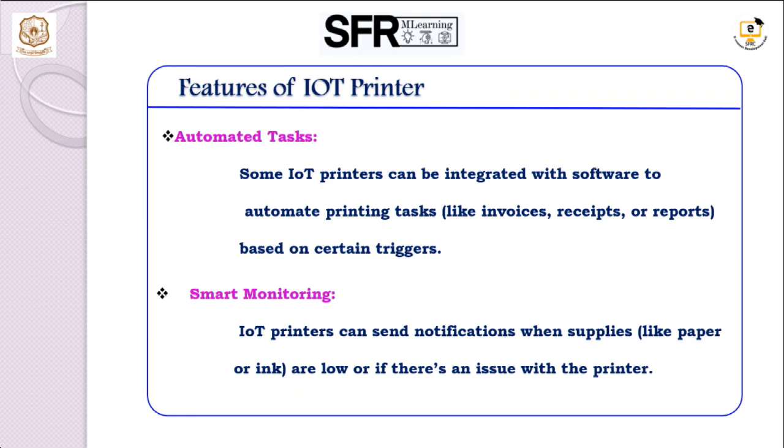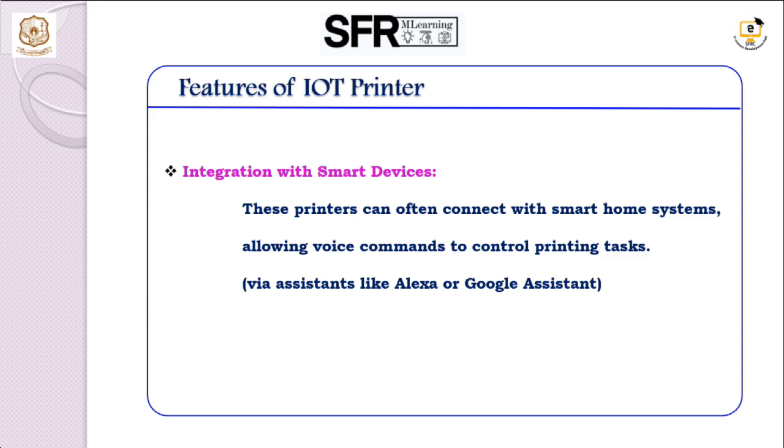The ink level of the printer and the number of papers in the printer will be counted and stored in the cloud, and we can monitor it from anywhere in the world. Next, we can also integrate IOT printer with other IOT smart devices like IOT home systems, and we can also control the IOT printer with voice commands using voice assistants like Alexa and Google Assistant. So these are the features.